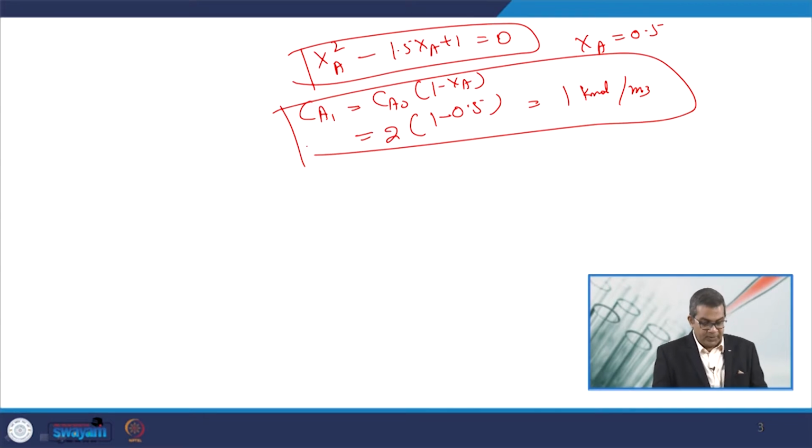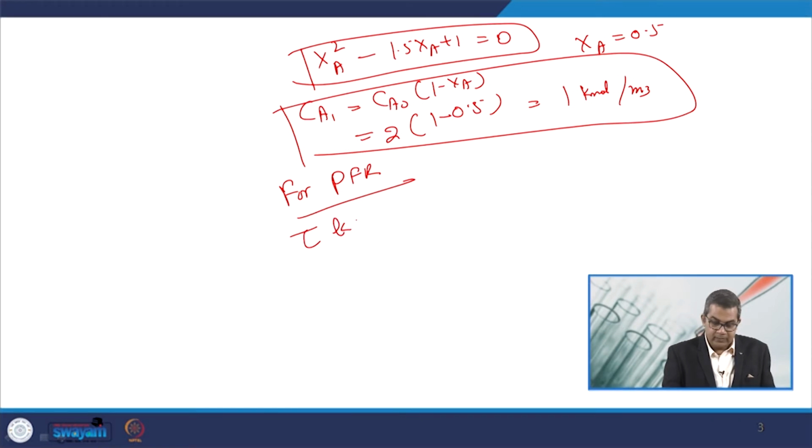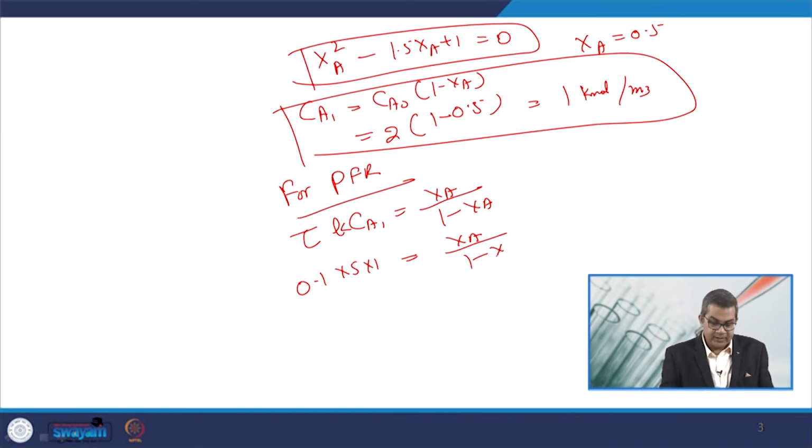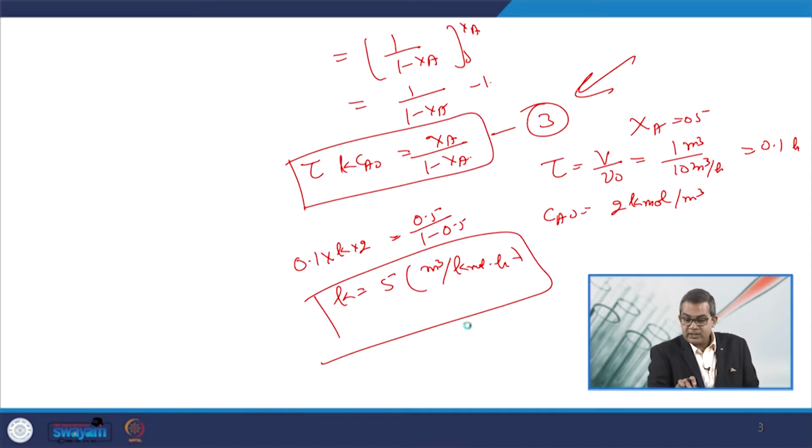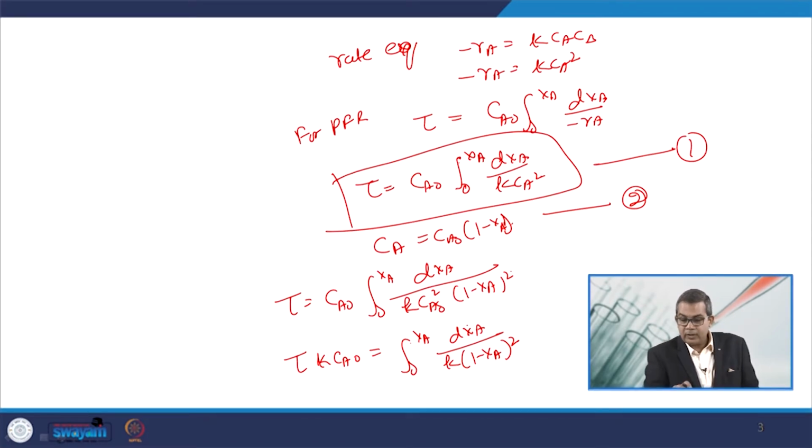Now for the PFR, tau K Ca1 is equal to Xa upon 1 minus Xa, or 0.1 into 5 into 1 is equal to Xa upon 1 minus Xa, and Xa in this condition we find to be 0.33. So we need to find out the concentration at this particular point.